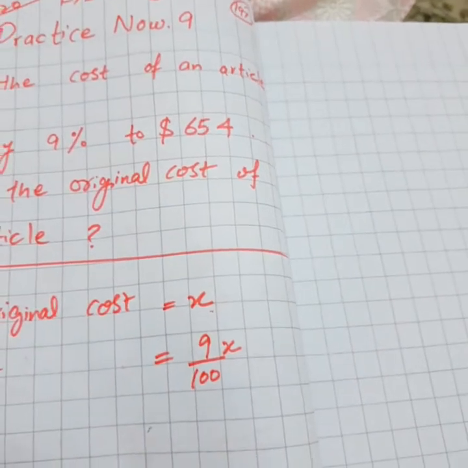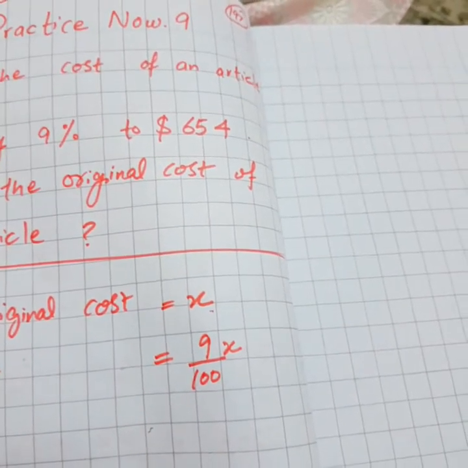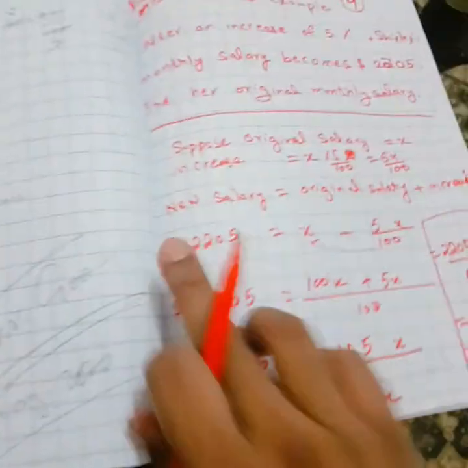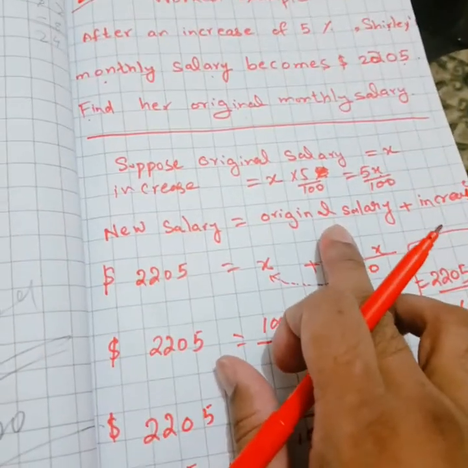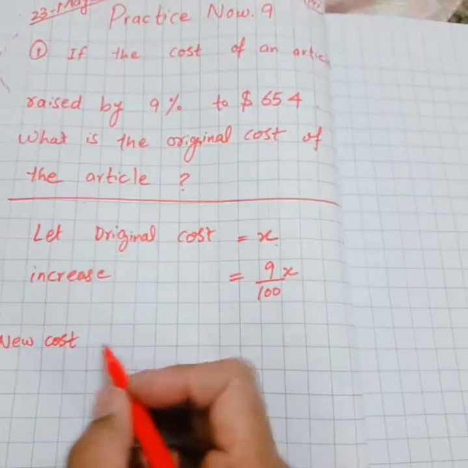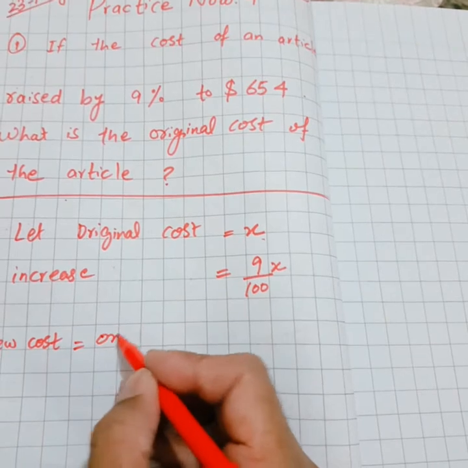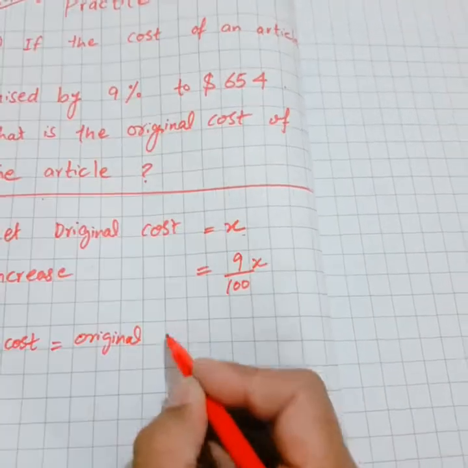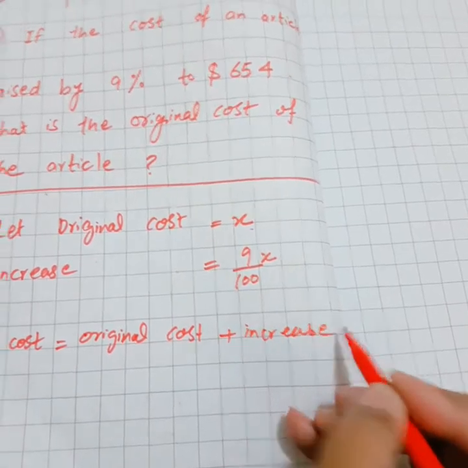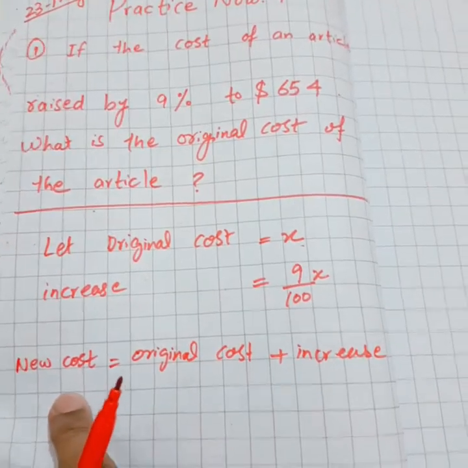Now the formula is such that, in the same way I did the previous question, new salary was equal to original salary plus increase. Same here, I shall do new cost equals original cost plus increase. What did I do in the previous question?